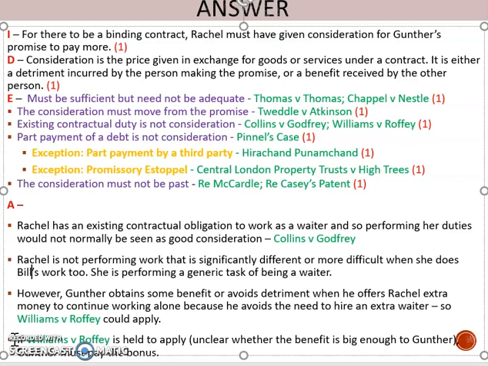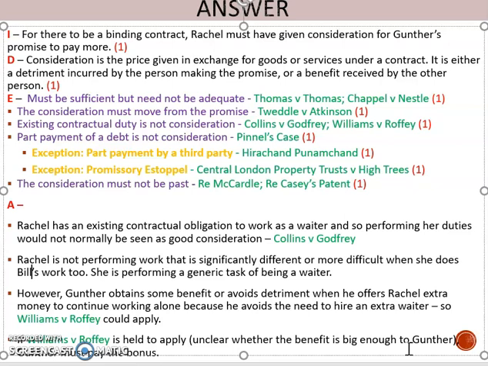Now, a lot of the time in consideration, as with a lot of areas in law, we can't really give a definitive answer here. So what I've put is, if it applies, he'll have to pay the bonus, but I've put in brackets, it's unclear whether the benefit is big enough to Gunther for the court to accept that he's going to have to pay the bonus that he promised.